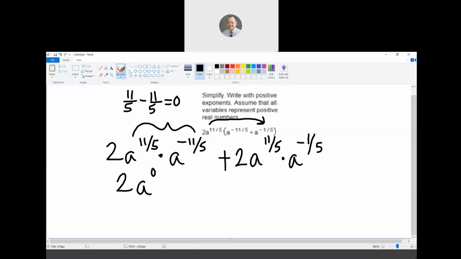So we have 2a to the 0 power. And by the way, we know what a to the 0 power is. Any non-zero base raised to a 0 power is automatically 1. So this is 1 right here, and that turns into 2.